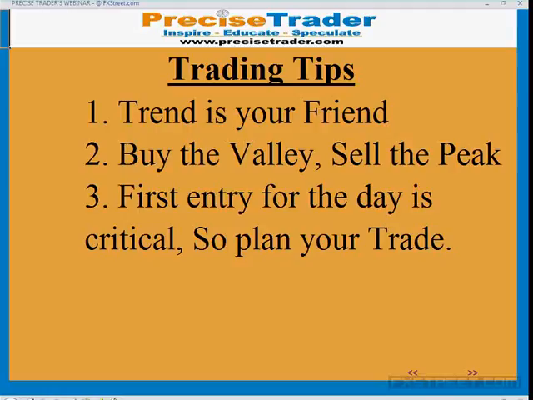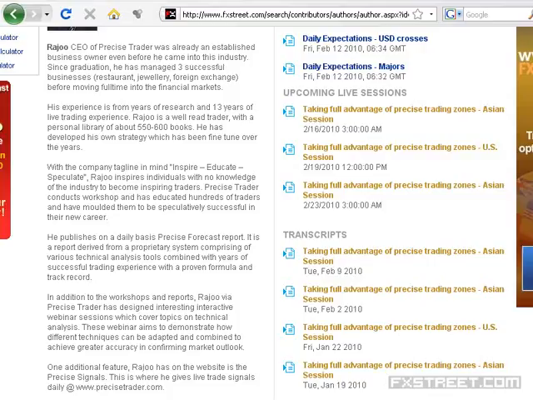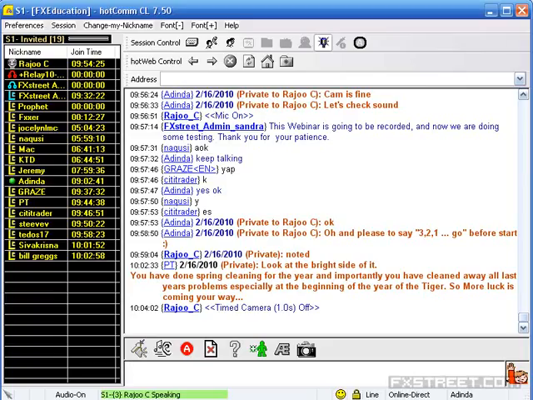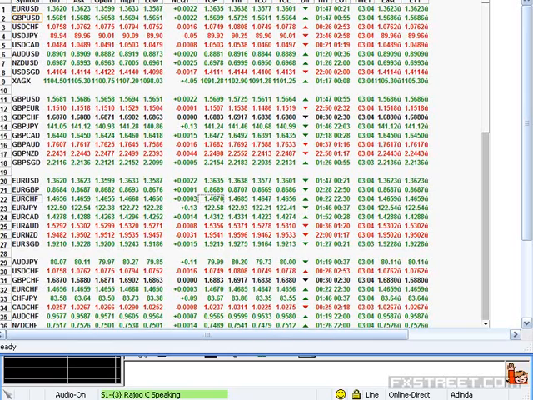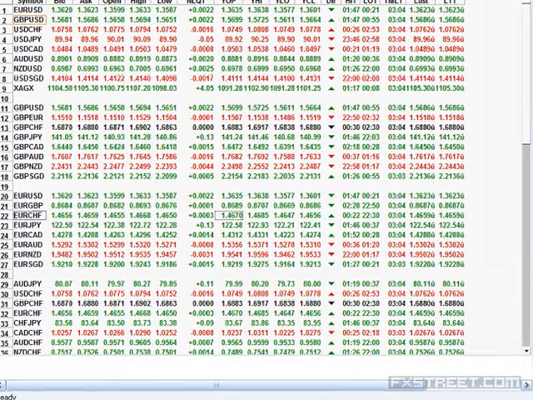At the same time, you have to take your trade with a specific game plan, with a stop loss and a profit target in mind. This is what you need to take note of, and this is the trading tip I'm giving you for today. And let me go back and show you the screen.